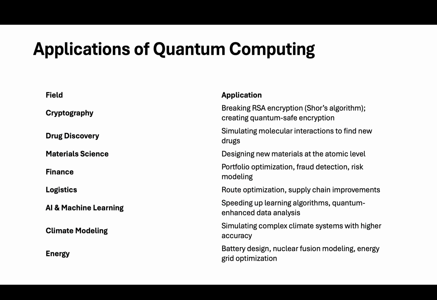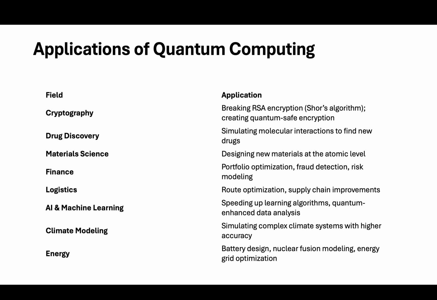Material science: designing new materials at the atomic level. From a finance perspective: portfolio optimization, fraud detection, risk modeling. And logistics: route optimization, supply chain improvement.